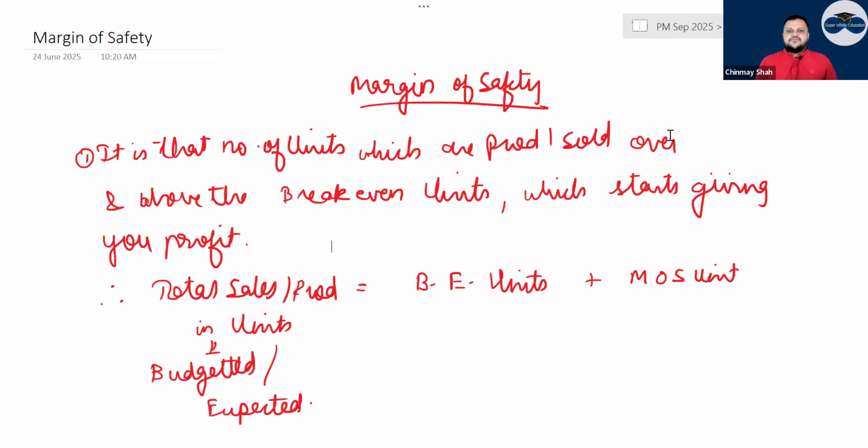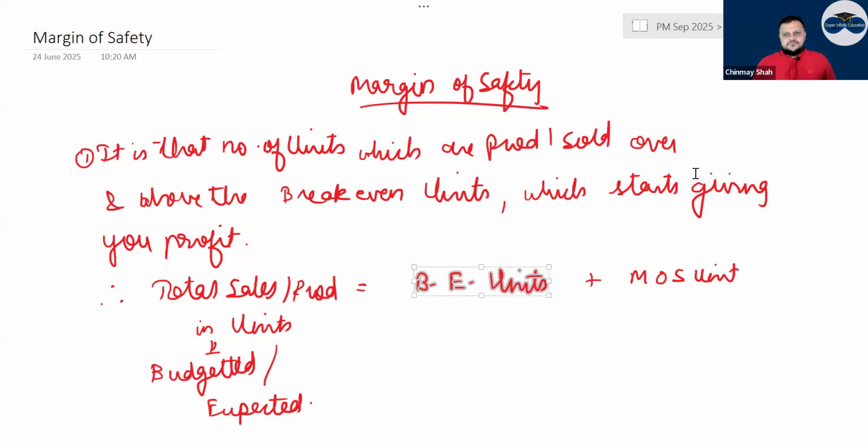It is that number of units which are produced or sold over and above the break even units, which starts giving you profit. Total sales or production in units. You have the break even units at which you need to operate. Now tell me, for you to have no losses, you need at least break even units so that there are no losses.